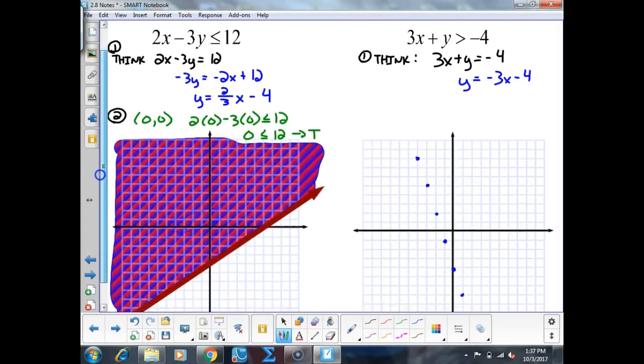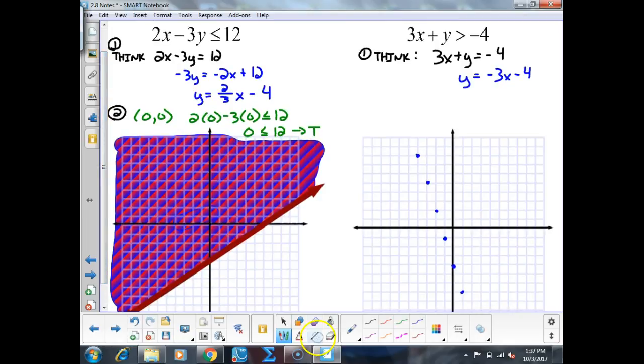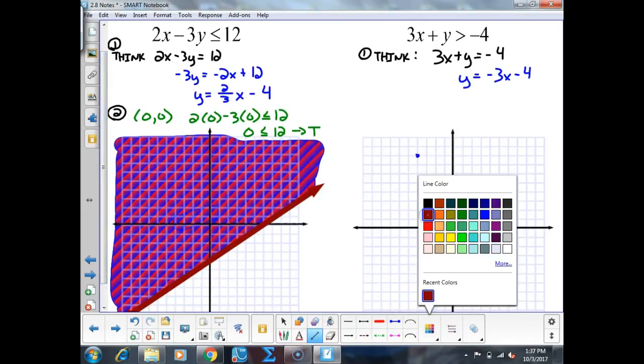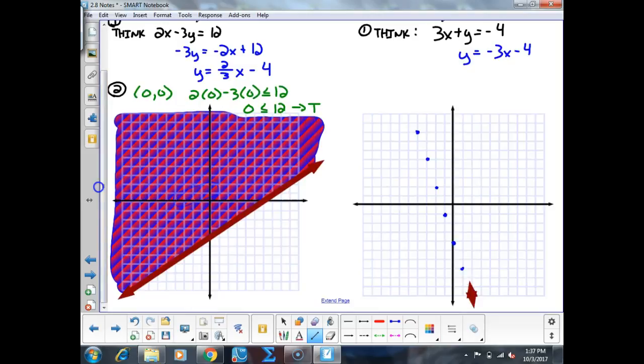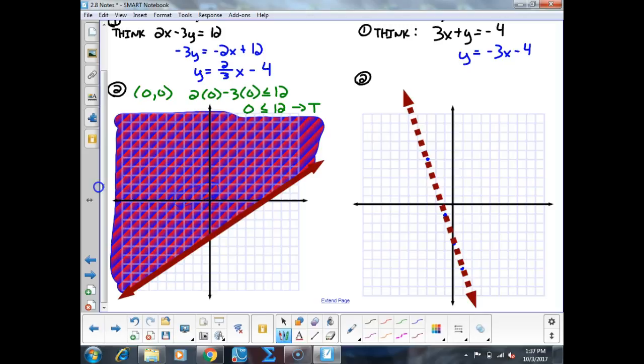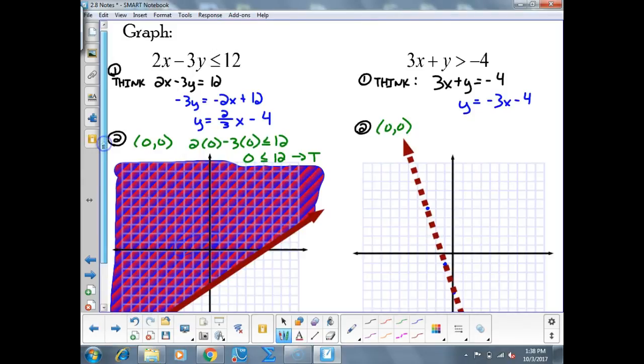But this one now is a dashed line. Still didn't go through the origin, so I can still use the origin. And I get 3 times 0 plus 0 greater than negative 4. 0 greater than negative 4. That is true.